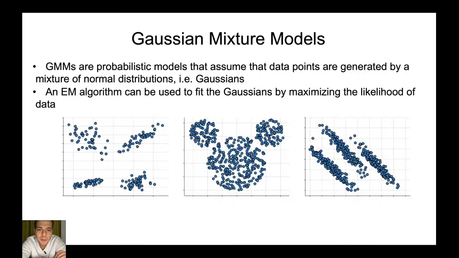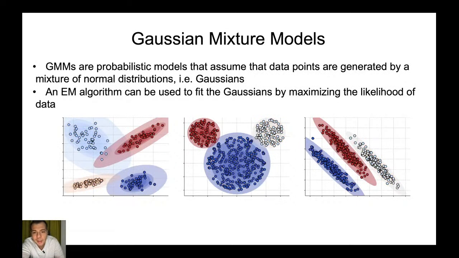These are probabilistic models that assume that data points are generated by a mixture of normal distributions, the Gaussians. And we can use the same expectation maximization algorithm to fit the Gaussians by maximizing the likelihood of data. So the Gaussians can estimate the ellipses.